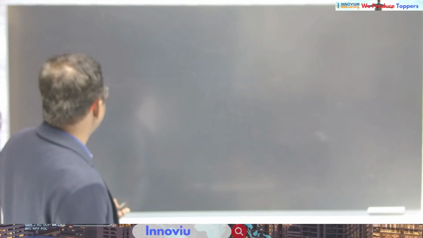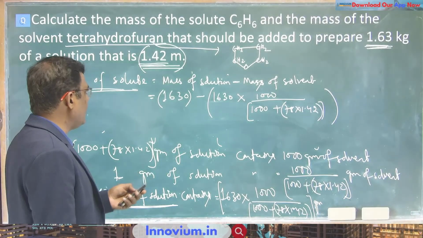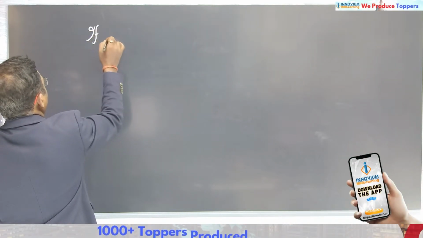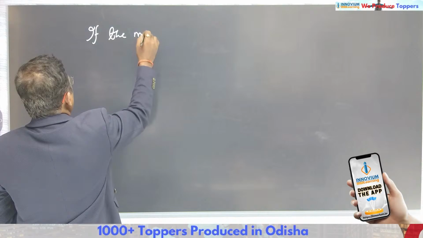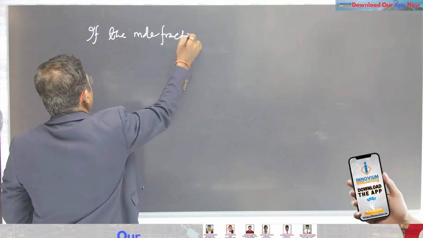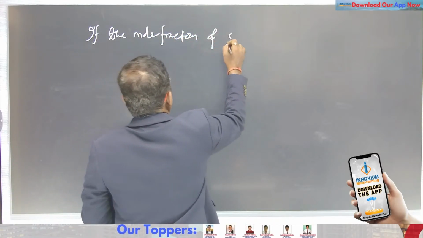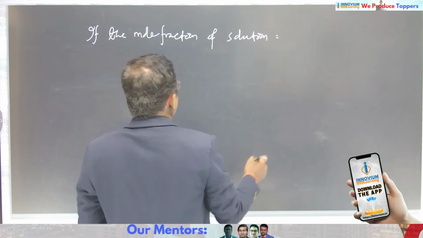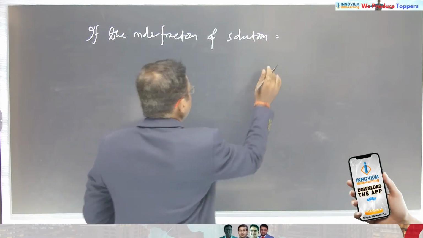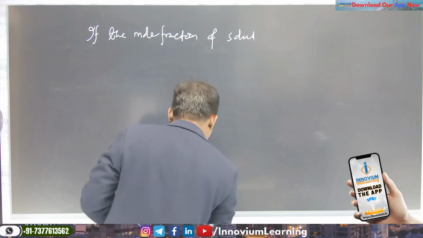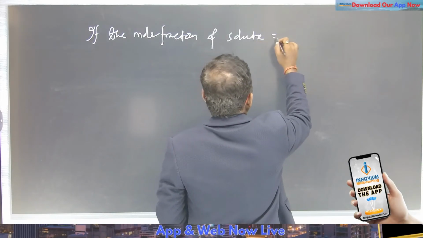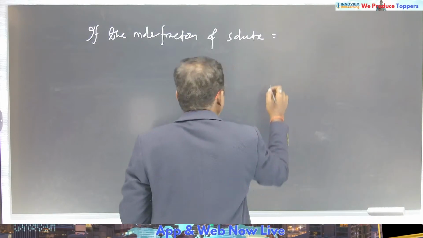So you see, that directly you can calculate. If the mole fraction of solute and solvent, if the mole fraction of solute is given, mole fraction of solute can be written as what?